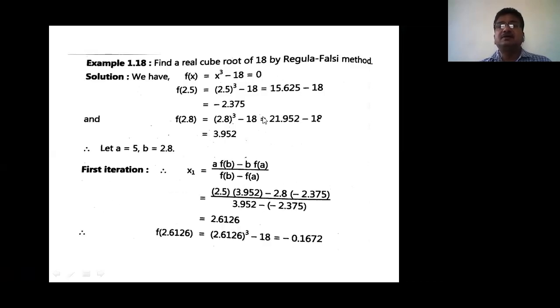Again, this is the problem: find the cube root of 18. Suppose the cube root of 18 is equal to x. Then taking the cube of both sides, we have 18 is equal to x cube, that is, x cube minus 18 is equal to 0 is the equation.